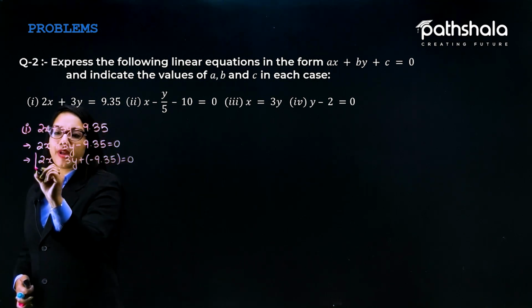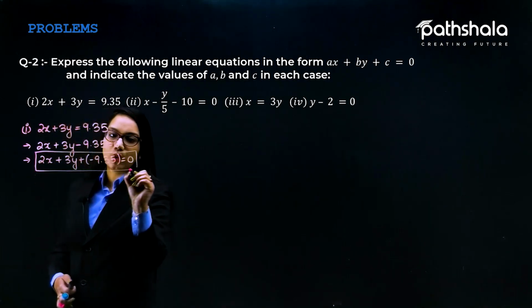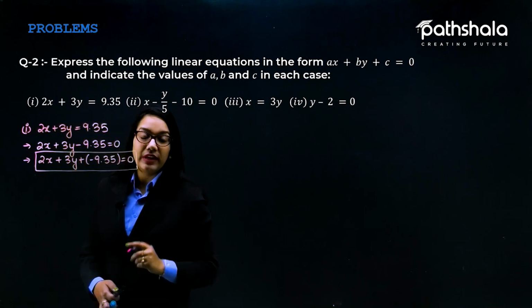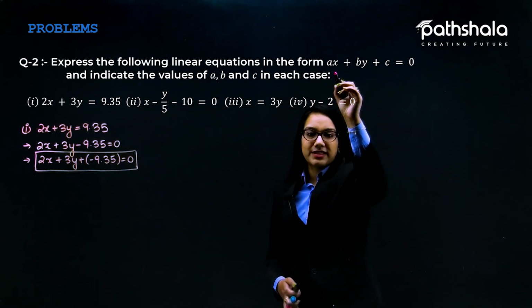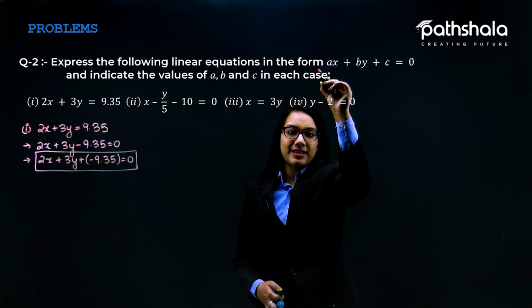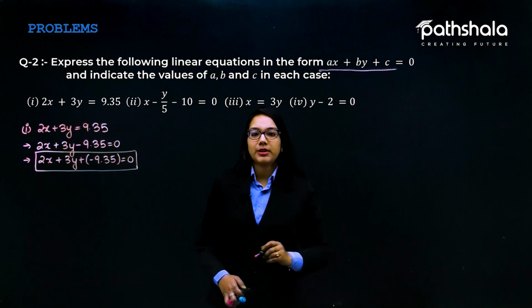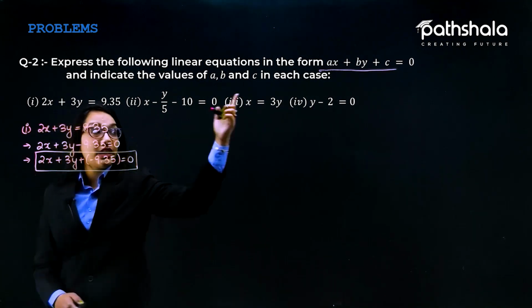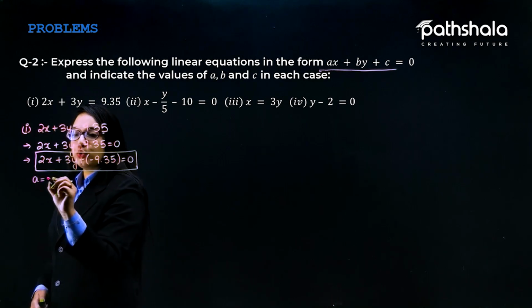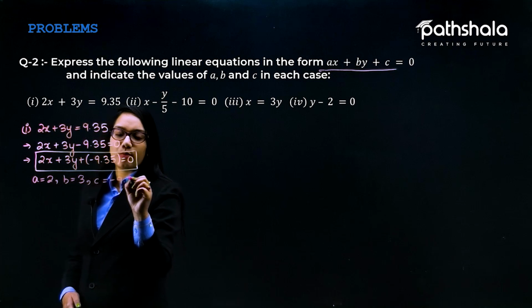Again, we can compare this equation with the ax plus by plus c is equal to 0 formation. If we compare it, then a will be 2, b will be 3, and c is nothing but minus of 9.35.